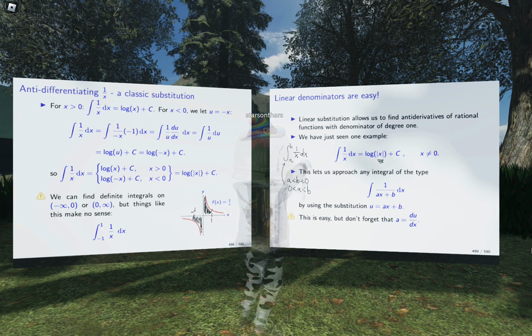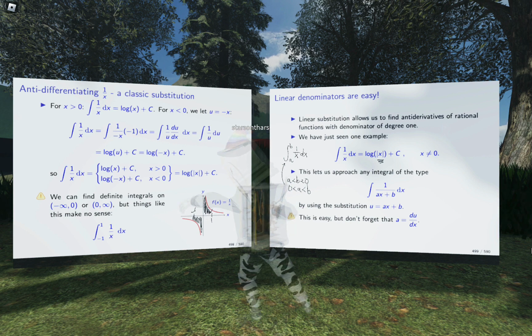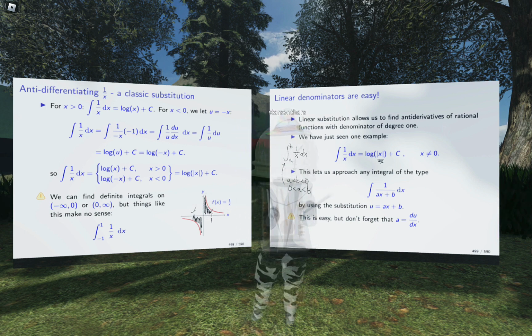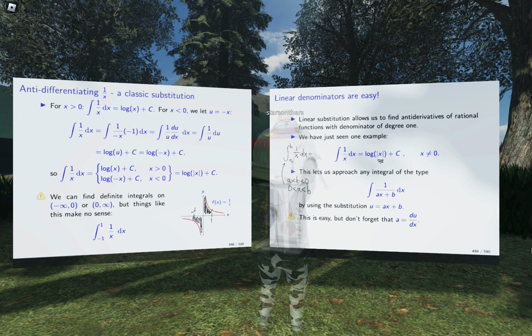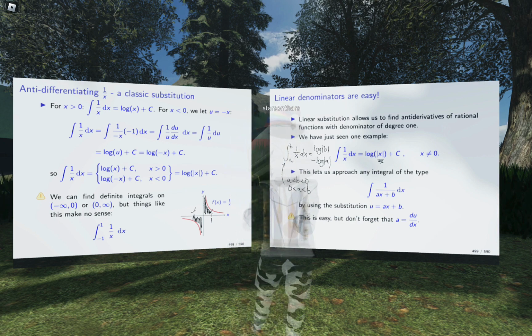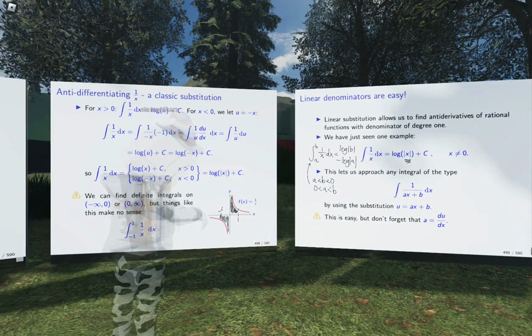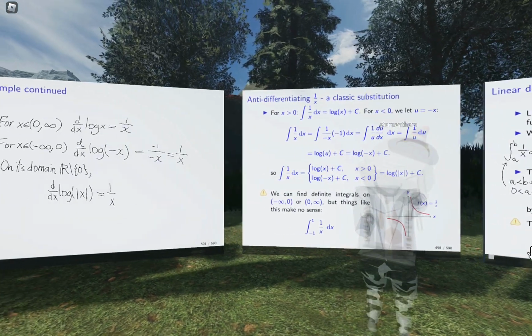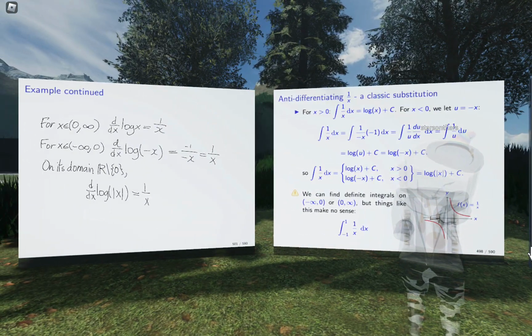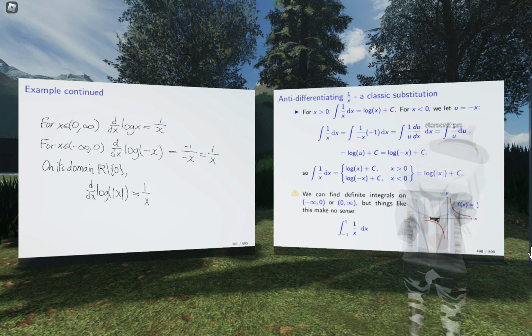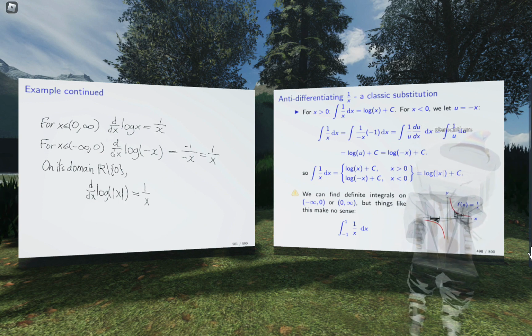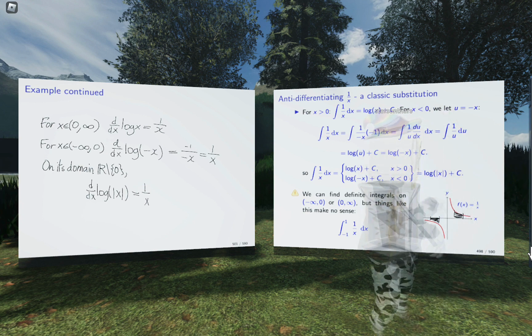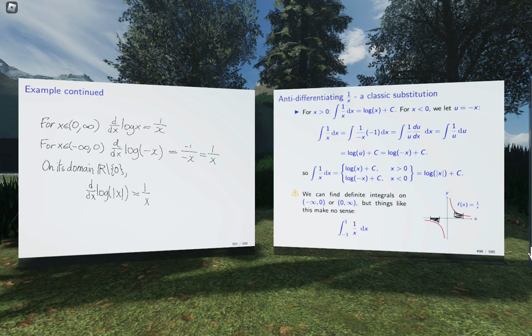And in either of those two cases, so that's an area that's completely on the left or completely on the right of 0, then we get log absolute value of b minus log absolute value of a. So if you like, read this as two statements. One about integrating areas that are safe because they're over here, and one about integrating areas which are safe because they're over there. All right.